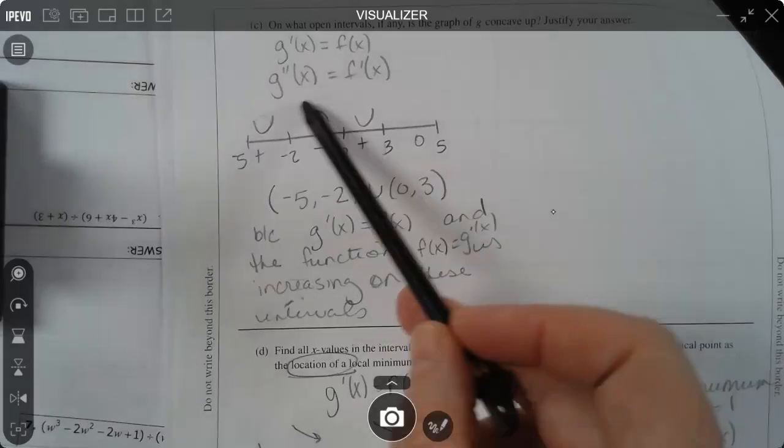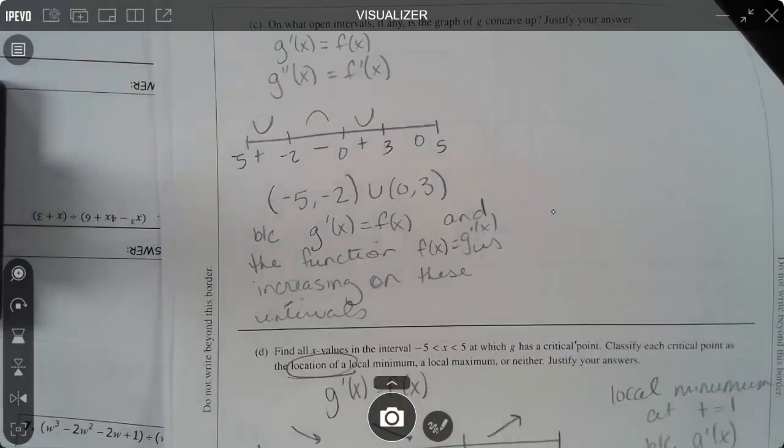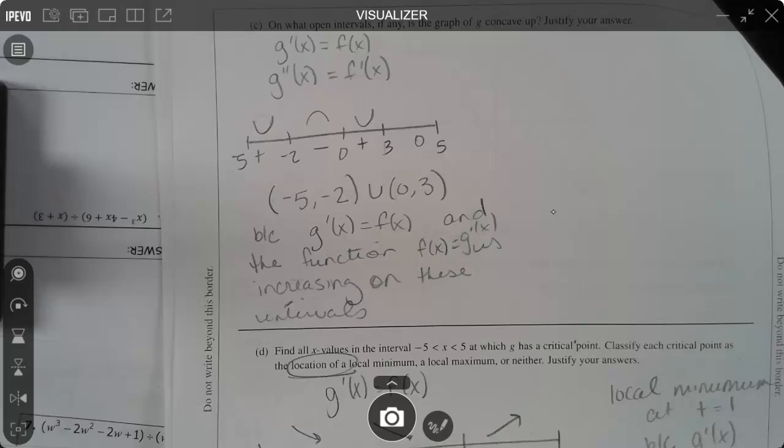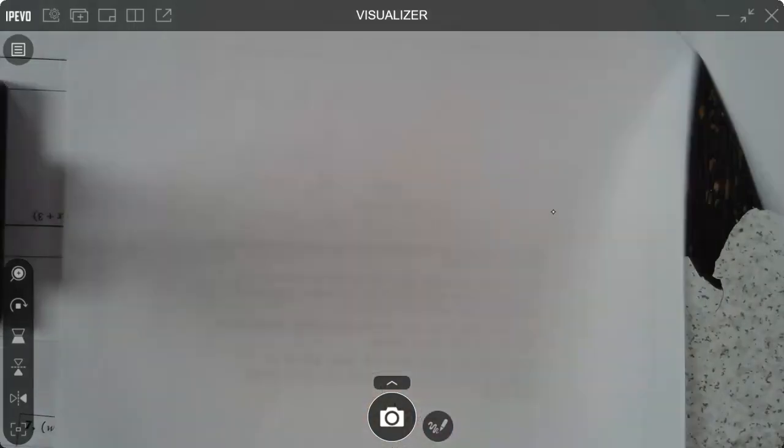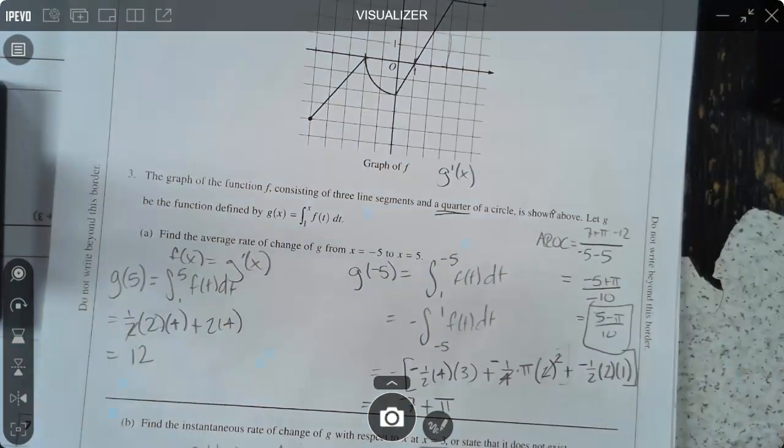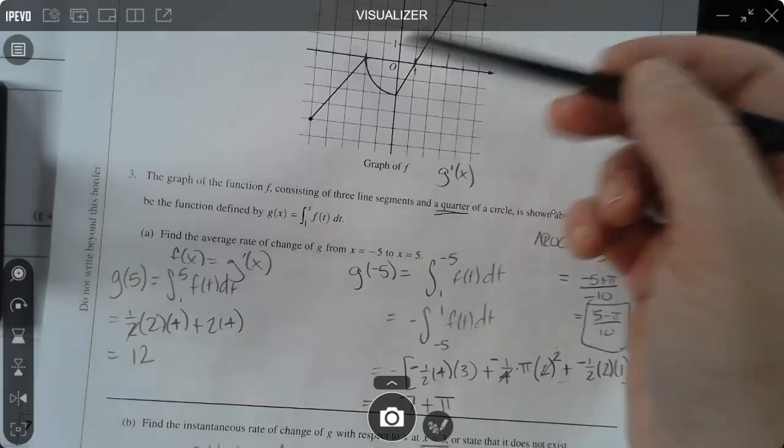So I looked at where my first derivative was 0. Where is a first derivative 0? I got my endpoints, but where is a derivative? Right. So I'm looking at maxes and mins on here, and then I'm judging by, is it increasing or decreasing at those points?